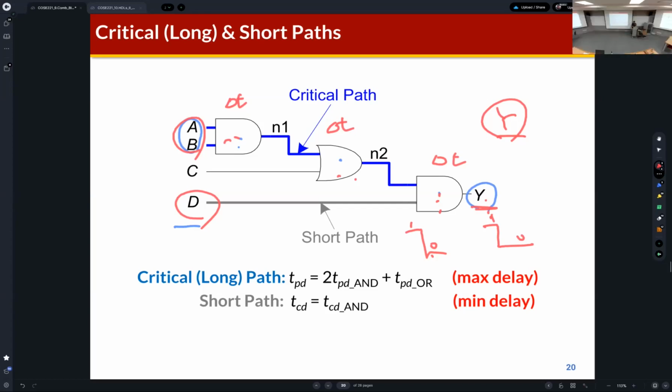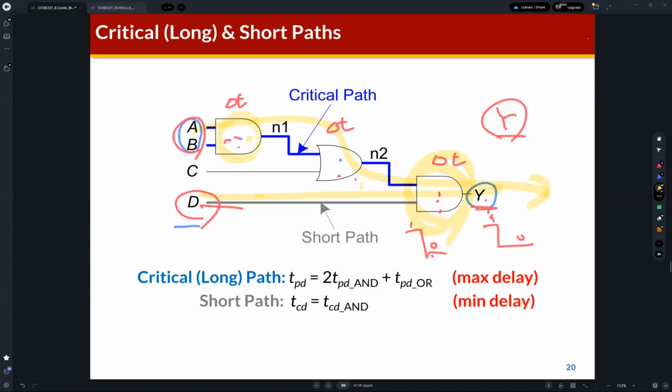So when you just consider the number of combinational logic in between the output and input path, this path just passes through one combinational logic, but this path passes through 3 combinational logic gates.